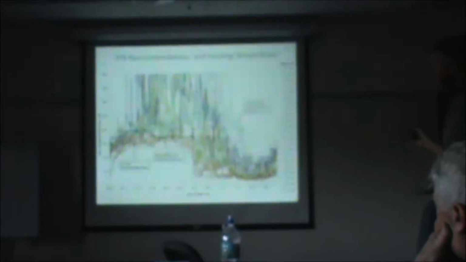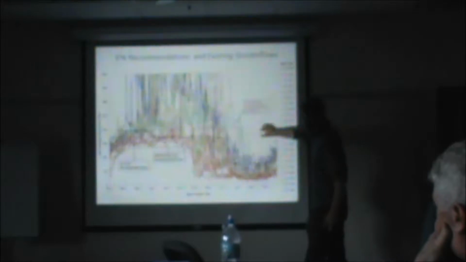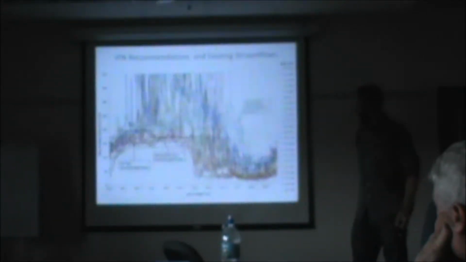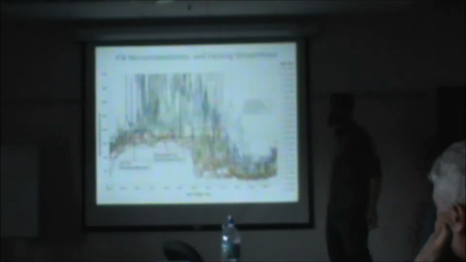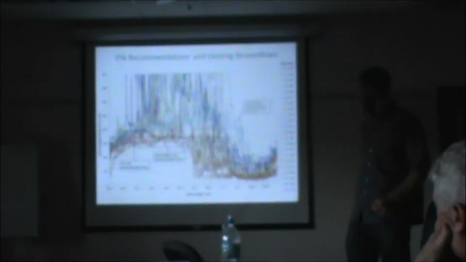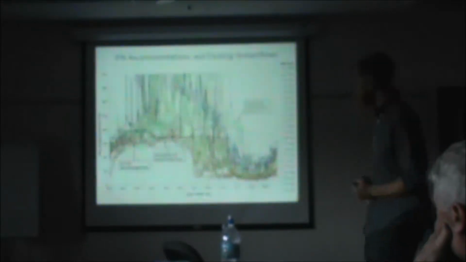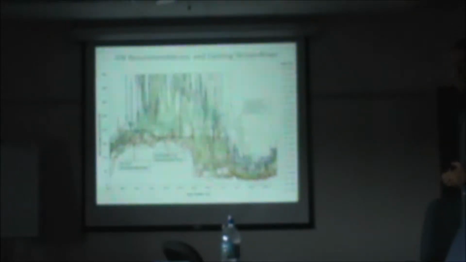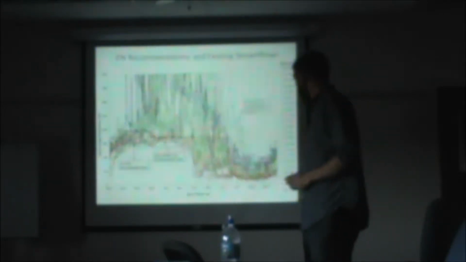And you can see that compared to the existing, and this is the signature here, that is the unimpaired baseline estimate up above compared to the existing impaired flows. You can see that for some parts of the water year, our flow recommendations are about equal to or lower than what's in the river now. For other parts of the water year, they're significantly higher. And we'll talk about where that information came from.